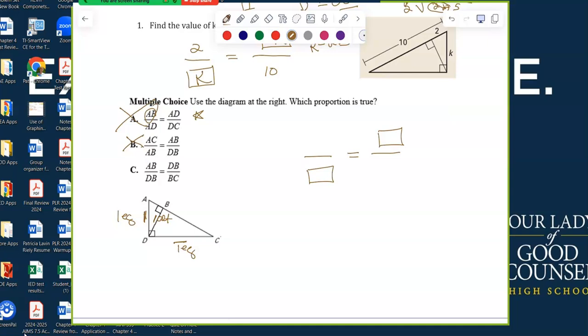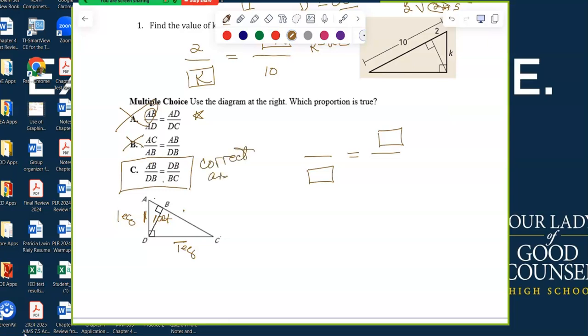So this does not work. It looks like it's this. Let's just check it. So I have my DB, which is the altitude, placed correctly in the geometric mean spot, and then that's the geometric mean between each of these pieces. So AB and BC, bingo. This is the correct answer.